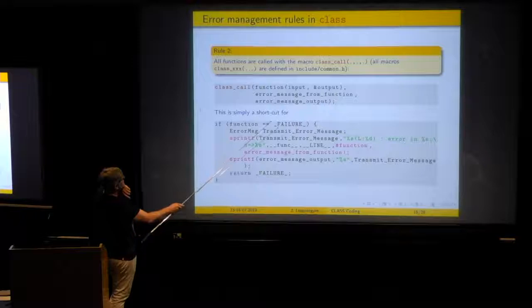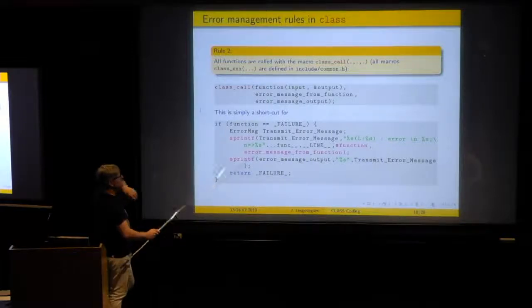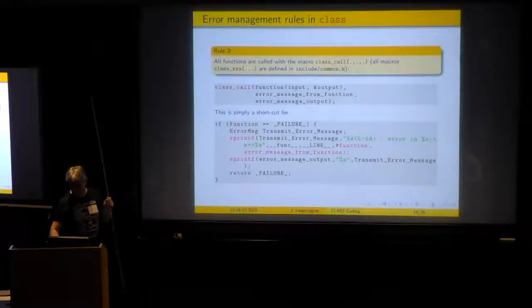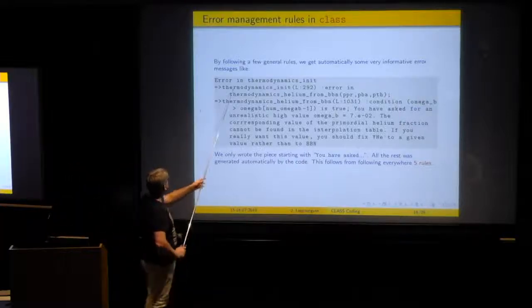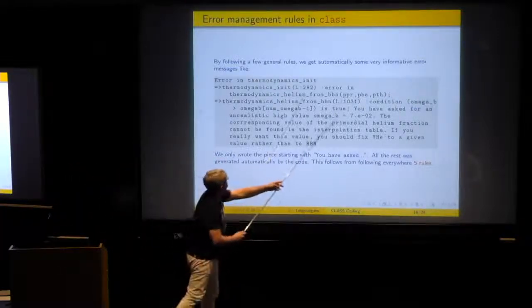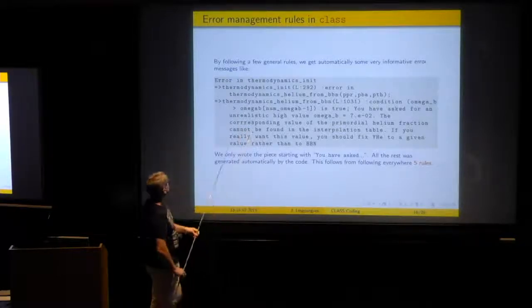If the function returns a failure, there are some lines here that I don't need to detail, whose goal is to automatically add one layer of information of this type. So these lines are written automatically by what I showed you.